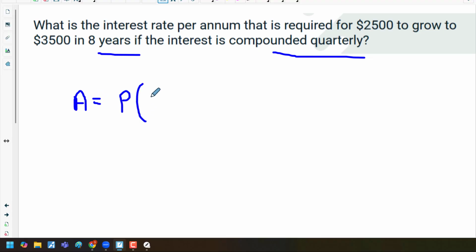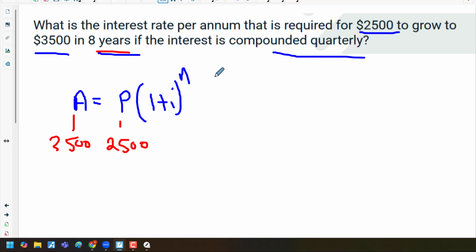The formula is this: A is equal to P times (1 plus i) to the exponent n. So we have 2,500 and it's going to 3,500. So right away, 2,500 is the initial amount. The future amount is 3,500.